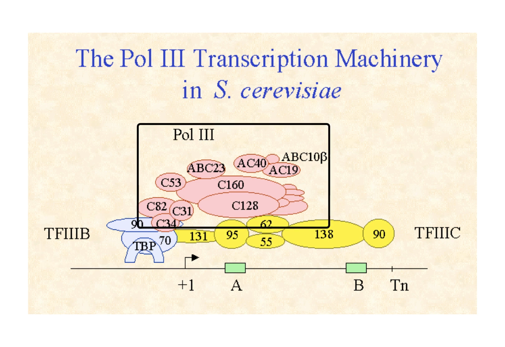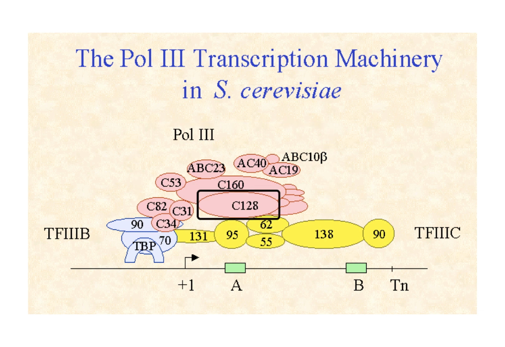Up here is pol 3, RNA polymerase 3, which has multiple subunits. This 128 kilodalton subunit sticks to the 95 and 62 kilodalton proteins of transcription factor 3C, and then these ones down here, 34, 31, and 82, attach to the 90 kilodalton protein of transcription factor 3B.